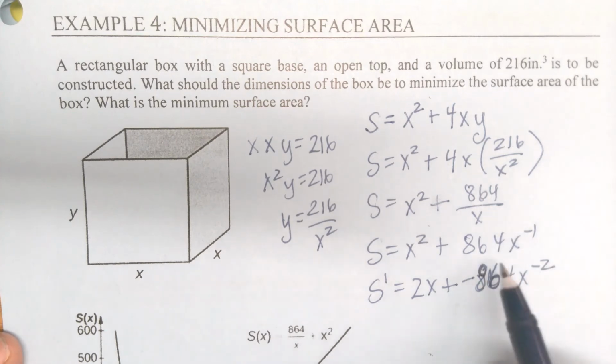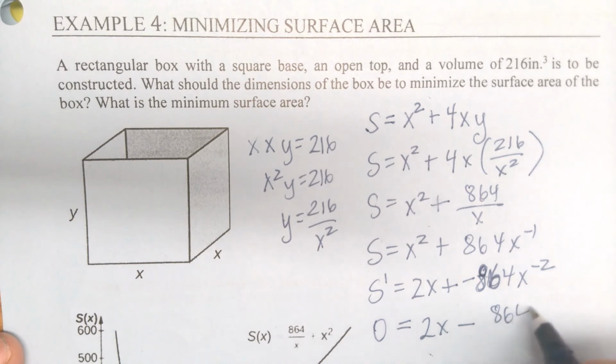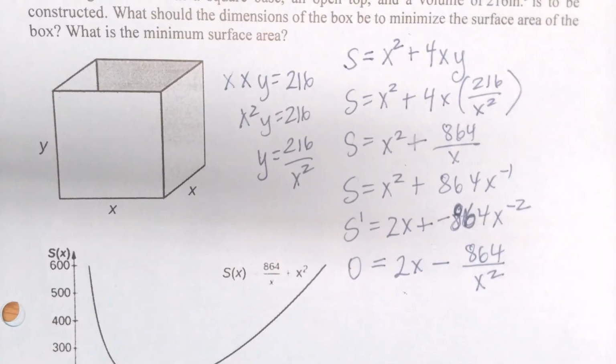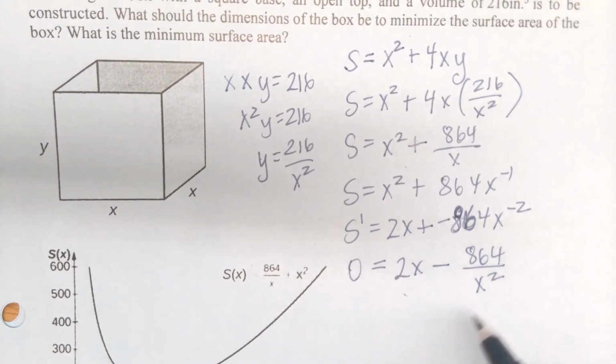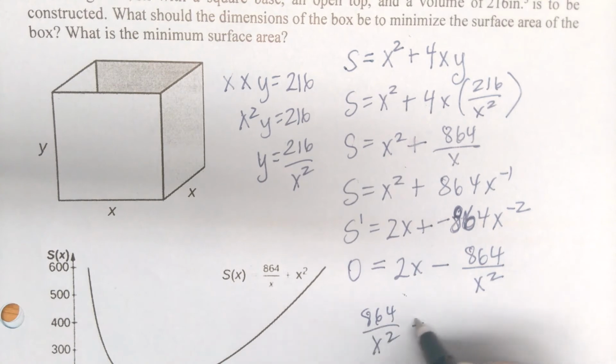And to me, it's easier to take the derivative with a negative power, but it's easier to solve with a positive power. So in my next move, I'm going to set this equal to 0, and then I'm also going to rewrite that as 864 over x squared to make my solving easier. So I just did a little bit of simplifying so that my solving is going to be easier. And I'm going to go ahead and add the 864 over x squared, equal to 2x, so that I can solve this.